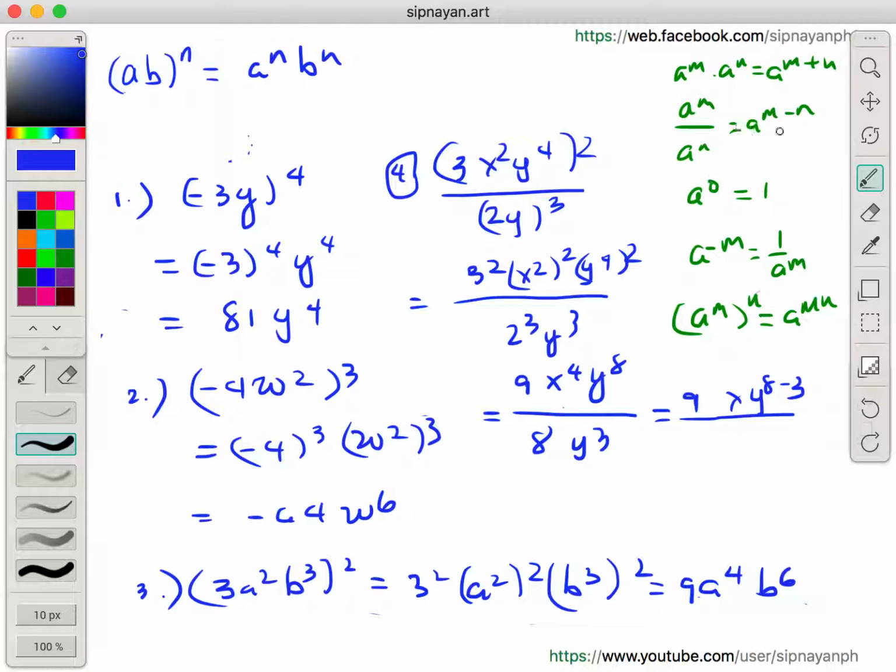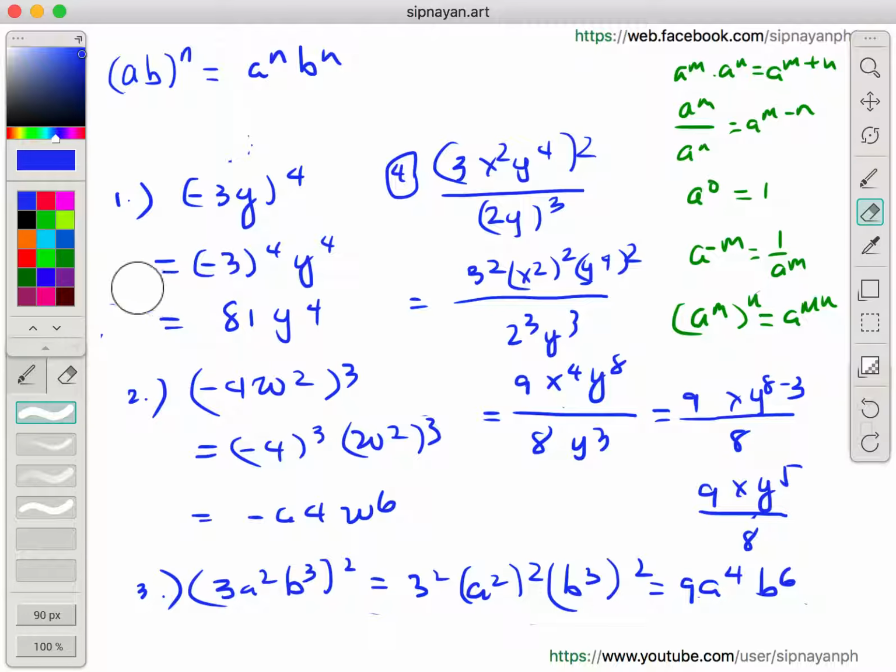This is by law number 2, no? Over 8, which is equal to 9x y to the 5th over 8. Sana sundan nyo, medyo hinalo-halo na natin yung laws of exponents. Dito, gumamit tayo ng laws for cubing and for squaring the expressions.